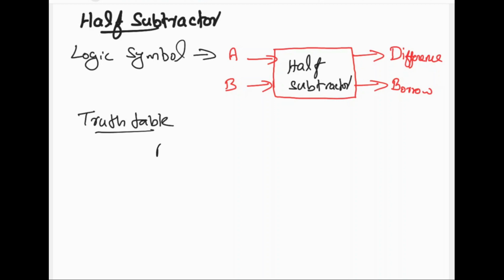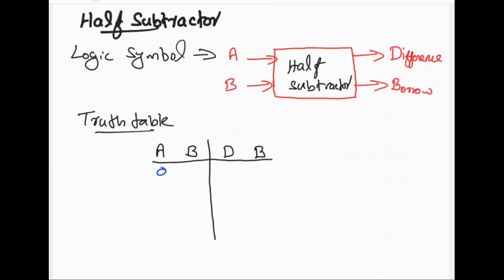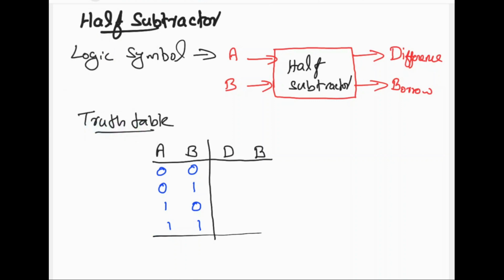Here the inputs are A and B, and the outputs are the difference and borrow. So first A can be 0, B can be 0. Then A can be 0, B can be 1. A can be 1, B can be 0, and A can be 1, B can be 1. So these are the four combinations.